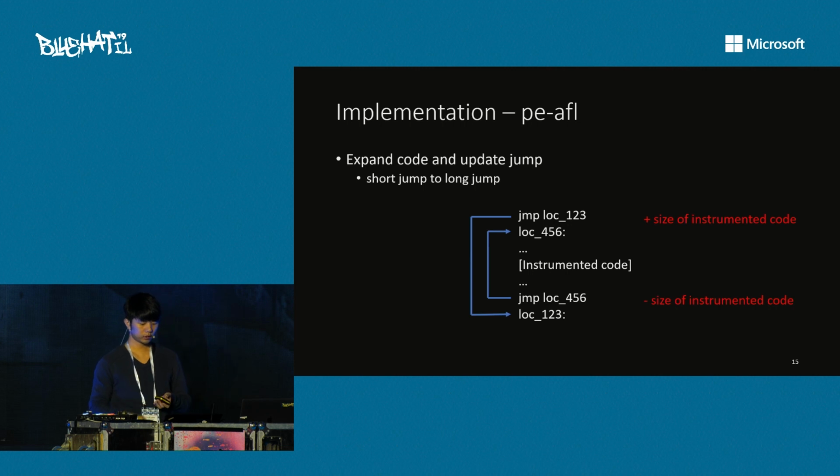For the assembly code, the instrumentation expands the original code, so some of the jumps have to update their relative addresses. Even some jumps have to change from short jumps to long jumps if necessary, and sometimes the instruction size becomes larger.